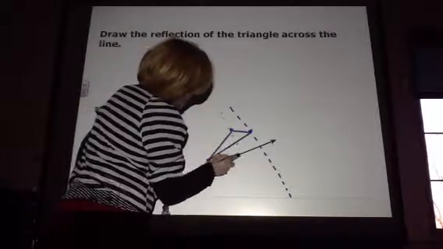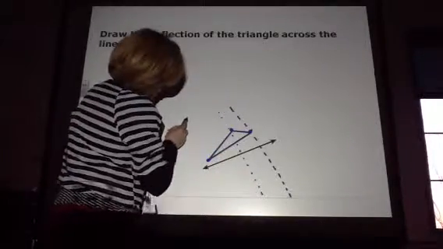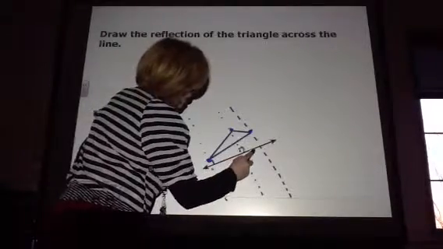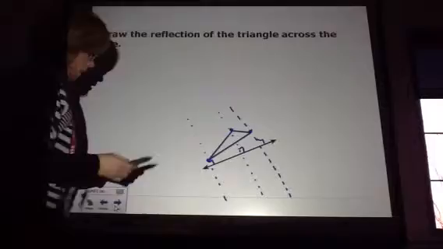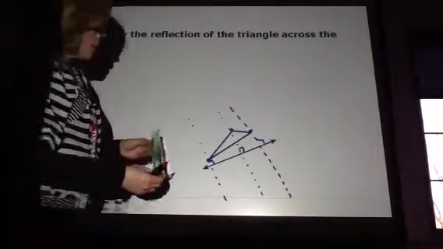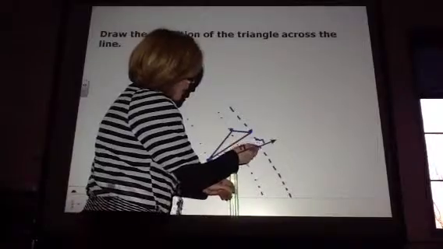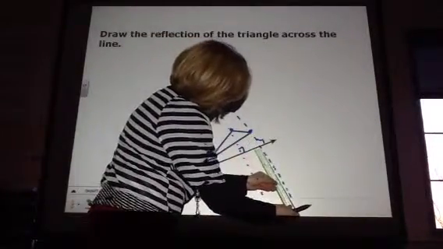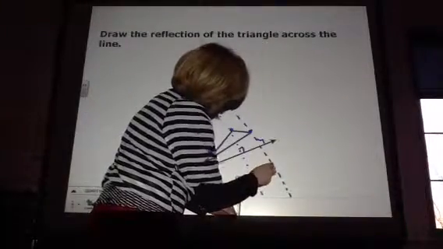And I'm eyeing it. You all should be more precise. When it hits this line of reflection, these should be perpendicular lines. Then with your straight edge, your ruler, you want to measure from the vertex to the line of reflection. So it's going to be about right there.